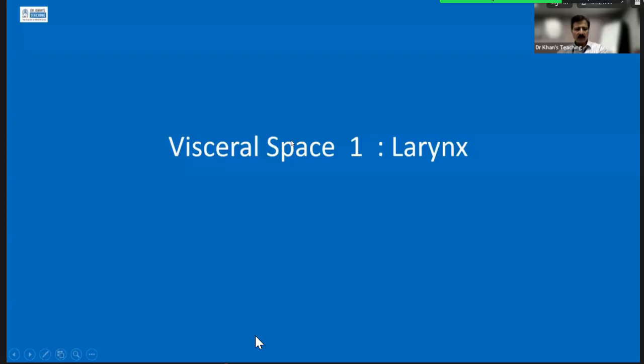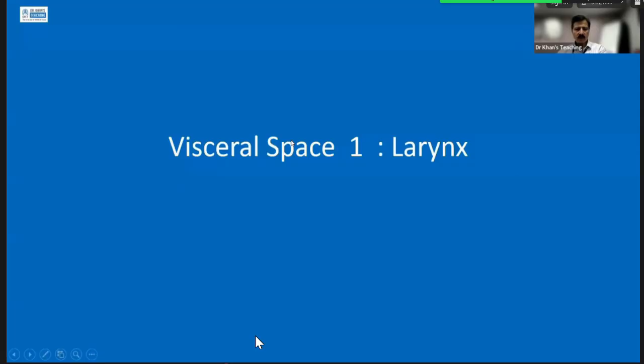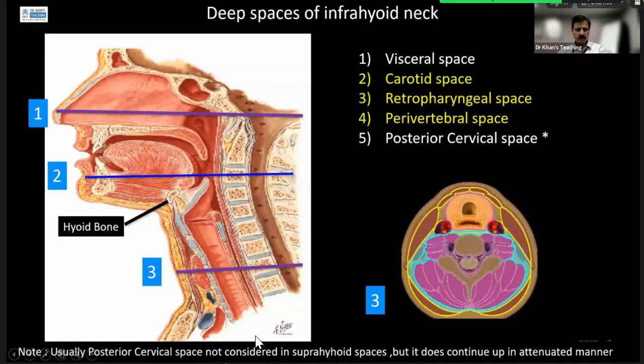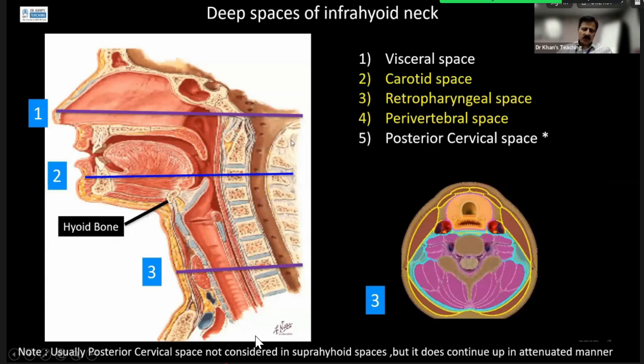Okay, from here we come to larynx. Now, larynx is sitting in the infrahyoid neck. And in the infrahyoid neck, we have got multiple spaces, and larynx is part of the visceral space.